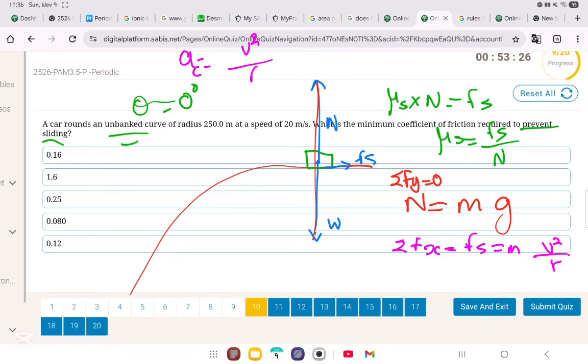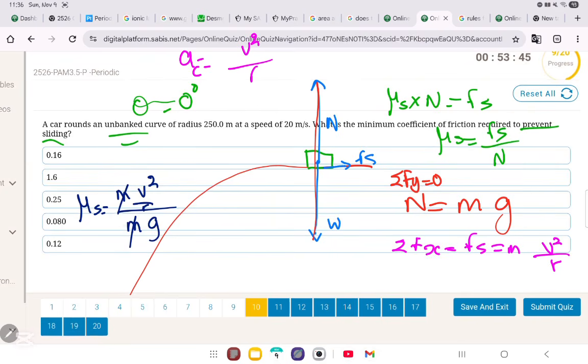Now, we start with mu s equal to fs over n, right? So mu s is equal to fs, which we said is m v squared over r, divided by n, which is mg. So we cancel m and m. Mu s is equal to v squared over r divided by g, so mu s is v squared over r times g.